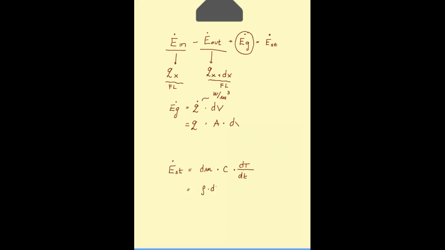And differential volume is again area times dx. So we see that the changes in the amount of the stored energy can also be zero for the steady state system, but it is a result from the conductive heat energy transfer and the heat generated within the system.